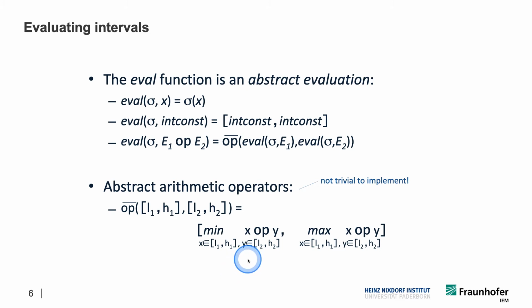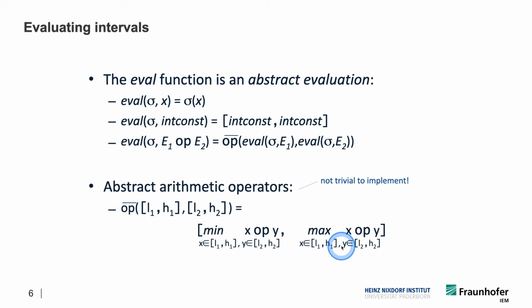You're basically defining new intervals again, and you're saying whatever the minimal value is of that operation, where you take x out of this interval and y out of this interval, that should be the left-hand side of the resulting interval.